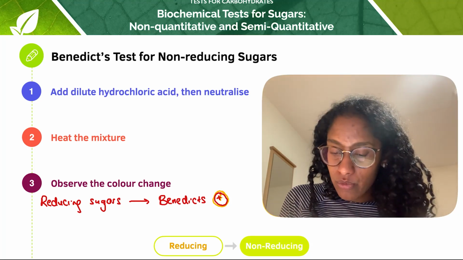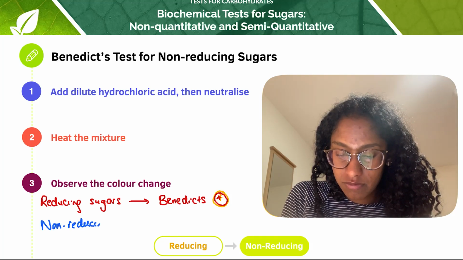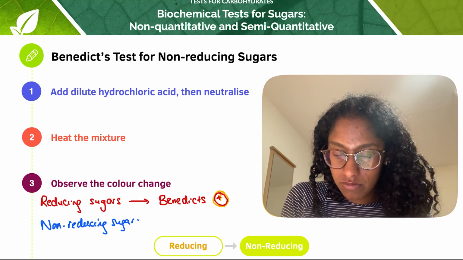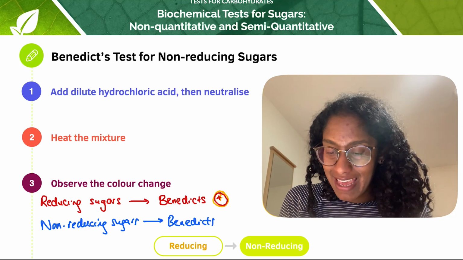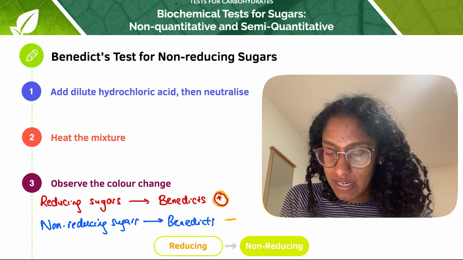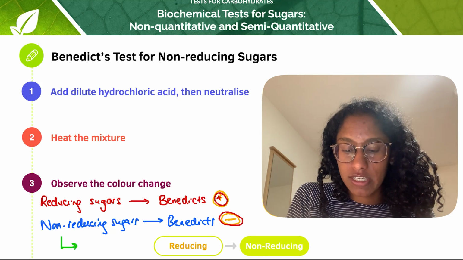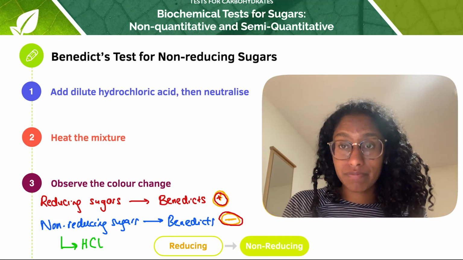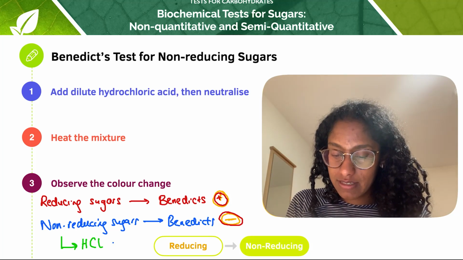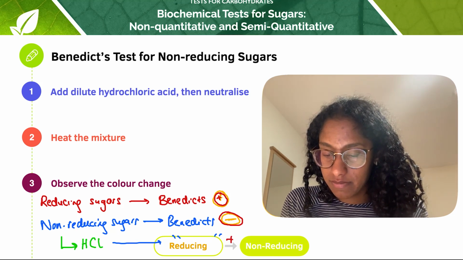All right, now with non-reducing sugars, we're going to get a negative Benedict's test, but if we break our non-reducing sugar down with hydrochloric acid and then add Benedict's solution, we're going to get a positive Benedict's test.